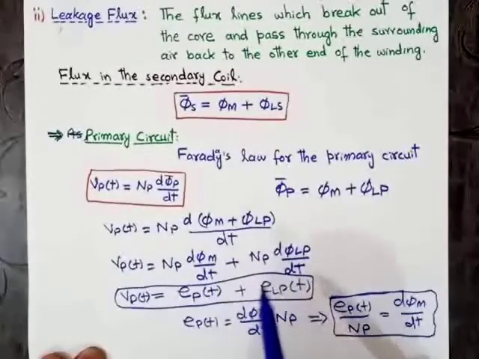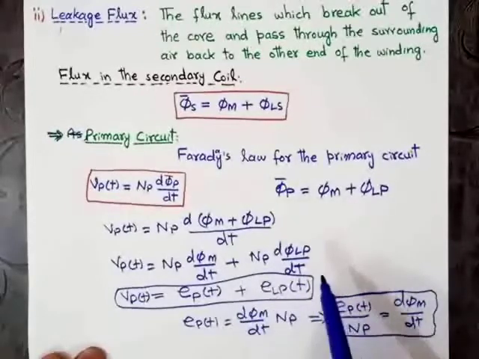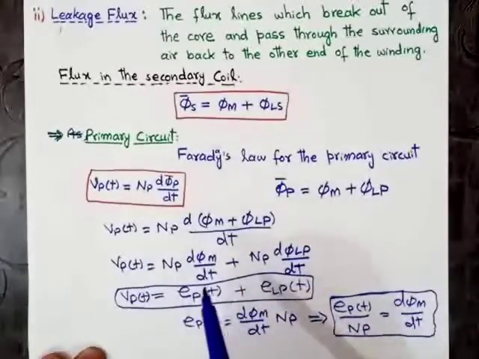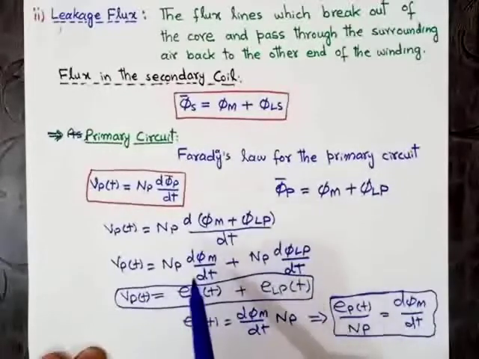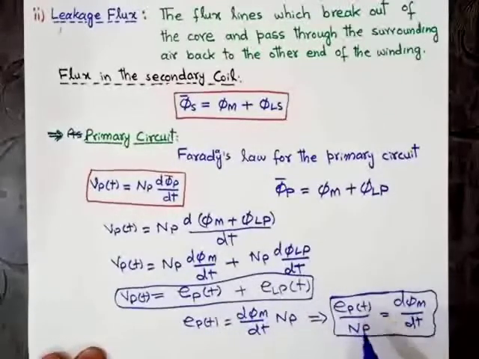The flux which does not remain in the core, the voltage due to this flux will be lost. The flux which remains in the core produces the actual voltage. Therefore, Ept is equal to Np dφm/dt, and Ep over Np will be equal to dφm/dt. This is the voltage formula across the primary circuit.